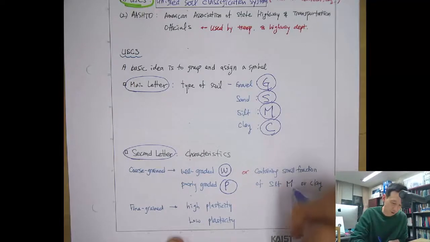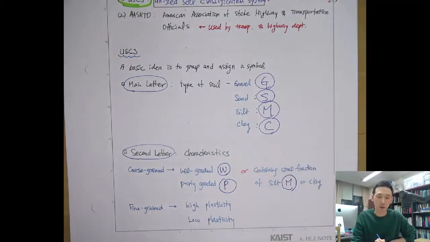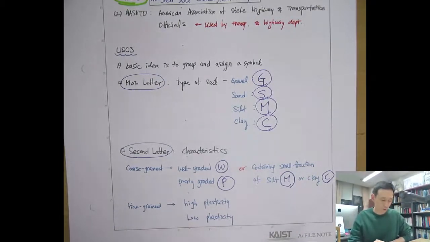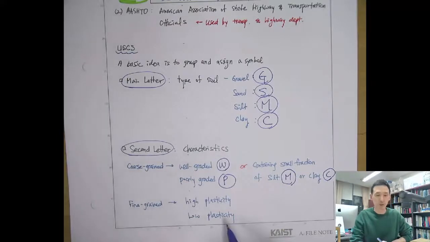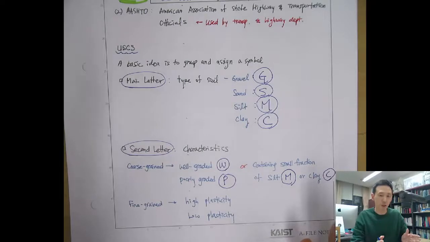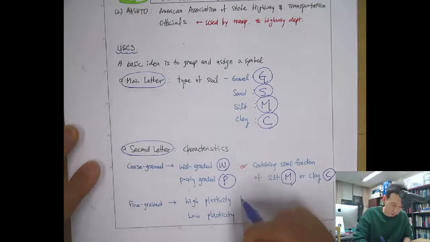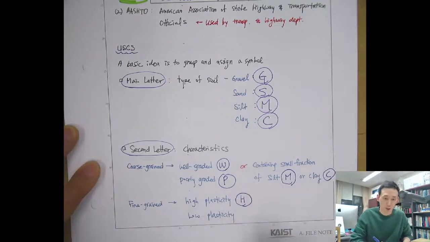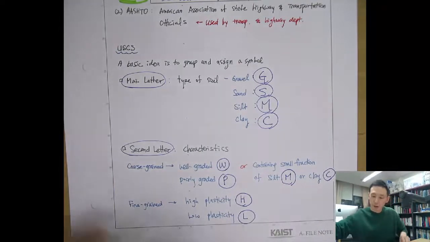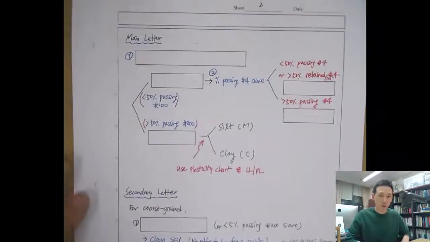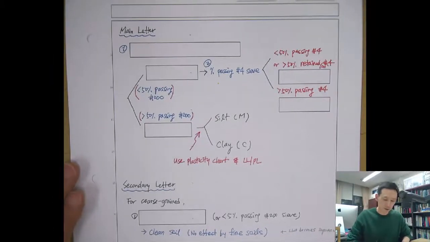In that case, you can use M if it has some fraction of silt, and if it's clay, then you can use C. For the fine grain soil, depending on the liquid limit and the plastic limit, it can have a high plasticity or low plasticity. If it has a high plasticity, we use H, and for low plasticity soil, we use L. Okay, so let's look at more detail how to determine the main letter first.